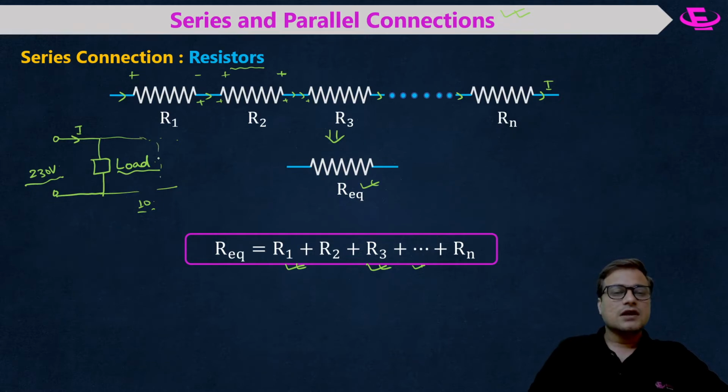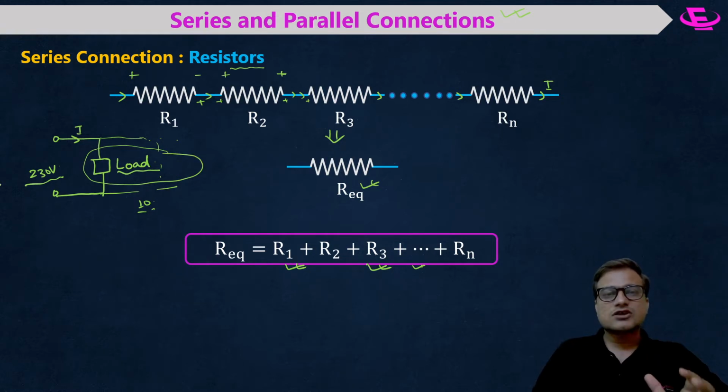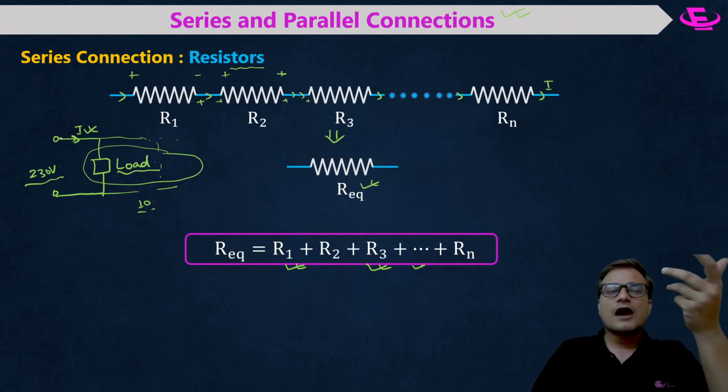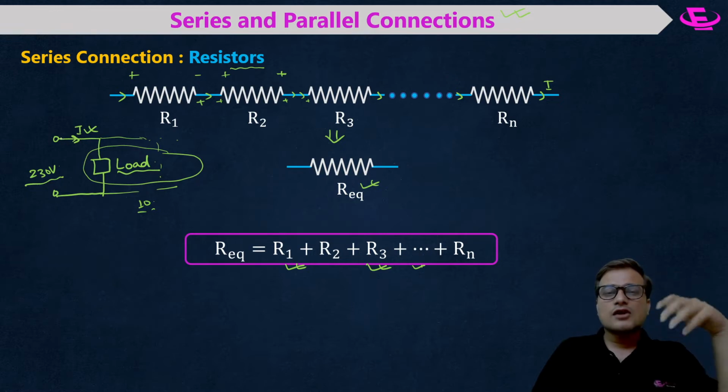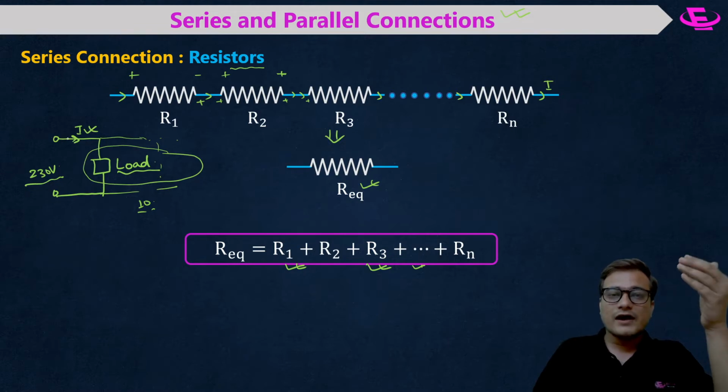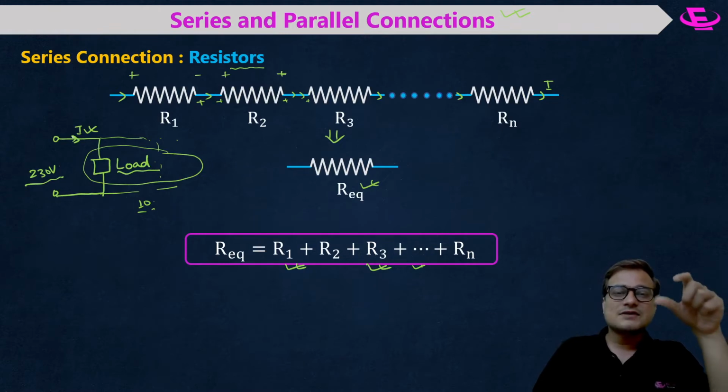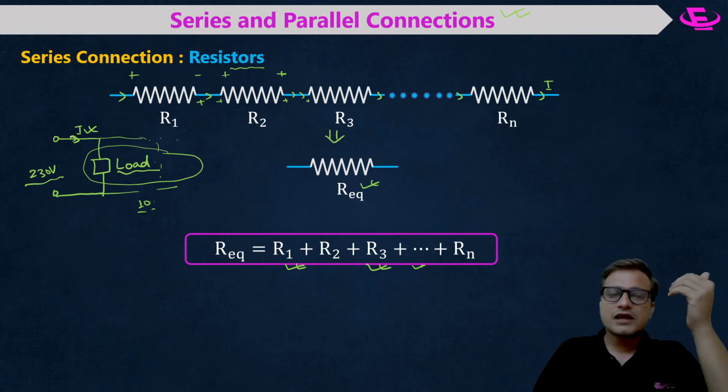Now what happens? If you calculate the equivalent resistance or equivalent impedance of the total load, then you can easily predict how much current is going to be drawn from the supply. Now your question will be, sir, what will happen if I know the value of current? This is because when you are designing your home wiring, at that time if you know the value of current that will flow through the wires, then you can very easily decide and optimize the wires, that means the ratings of wires, at the same time ratings of switches, ratings of plugs and everything.